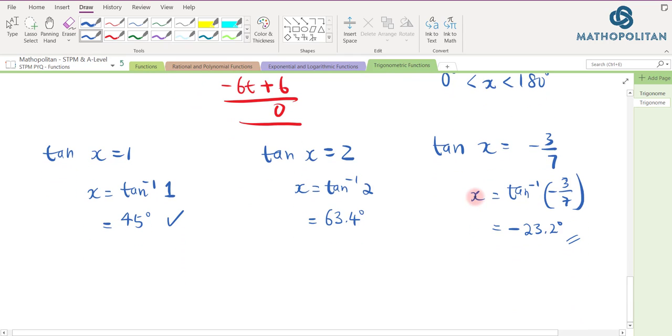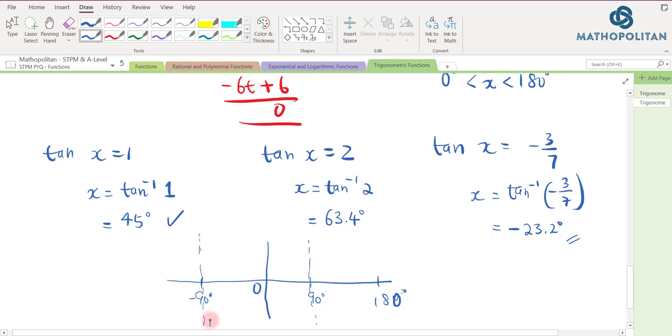If you recall the graph for tangent, this is 0. Let's say this is 90 degrees, this is negative 90 degrees, and here we have 180 degrees. In this case, the negative 90 and 90 here would be the asymptotes.